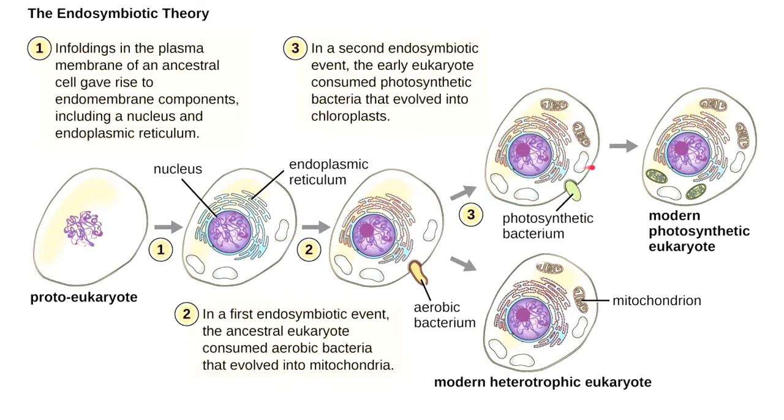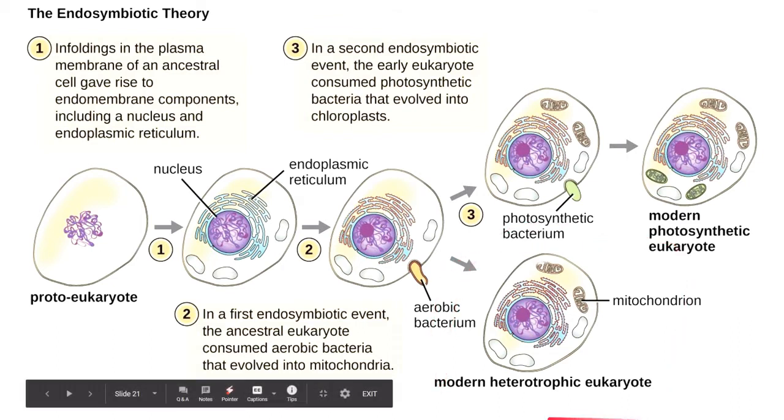Now, aside from the mitochondria, some of those primitive cells were also able to engulf, through phagocytosis, a photosynthetic bacterium. Those are your cyanobacteria, photosynthetic organisms that allow them to perform photosynthesis, which eventually led to the evolution of modern photosynthetic eukaryotes. This could probably be the ancestor of your plants, and this could probably be the ancestor of fungi, protists, and animals.